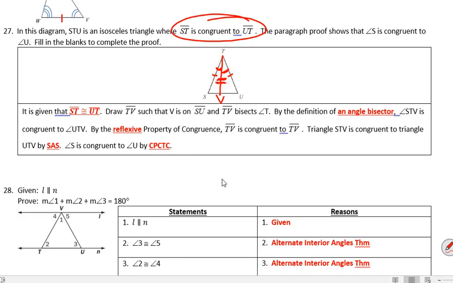So let me remind y'all about the reflexive, symmetric, and transitive properties. The reflexive property is the same thing on either side of the equal sign. The symmetric property is two different things switching positions on either side of the equal sign. And the transitive property is 3 things or more. So if I were to say that angle R is equal to angle R, that is the reflexive property.